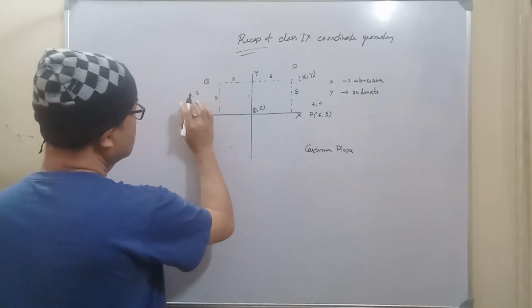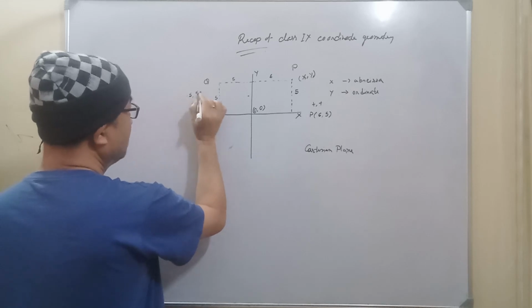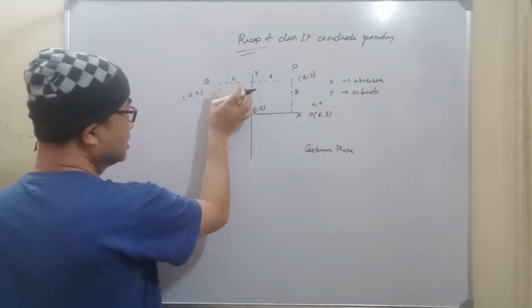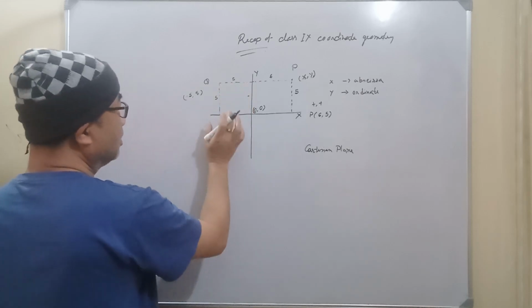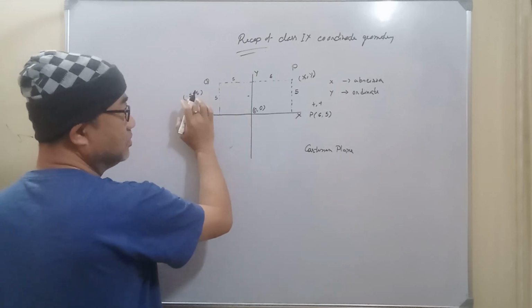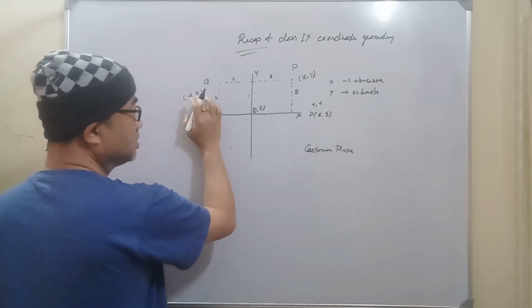No, coordinates of Q will be minus 5 and plus 5, because on the second quadrant the x coordinate will have negative value and y coordinate will have positive value.